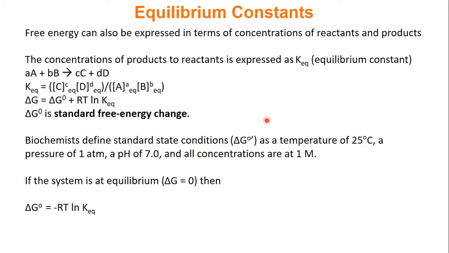Water is 55.5 molar. So if we look at this equation and we say our reaction's at equilibrium, therefore delta G equals 0, then delta G naught equals minus RT ln of Keq.